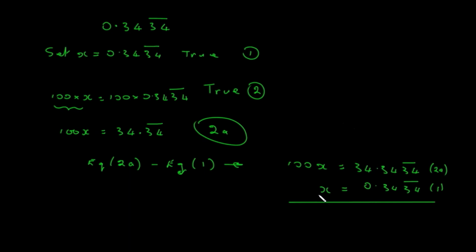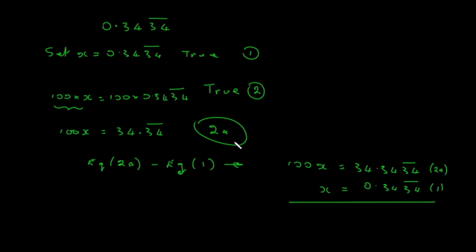And I want to subtract one from the other. This one here is that one. If you multiply the left by 100, you have to multiply the right by 100. So 0.34 reoccurring becomes 34.34. So that is true.